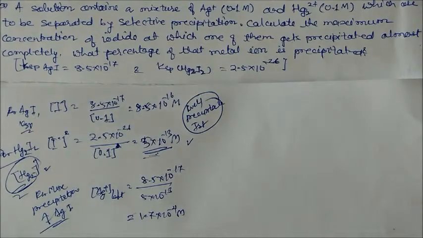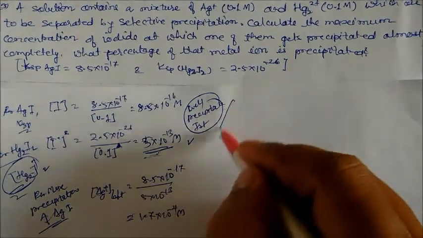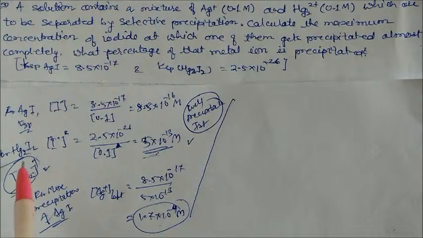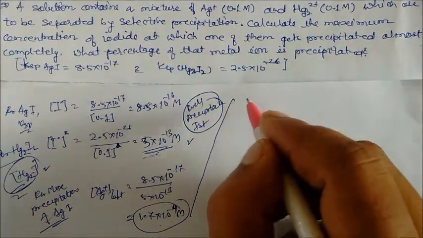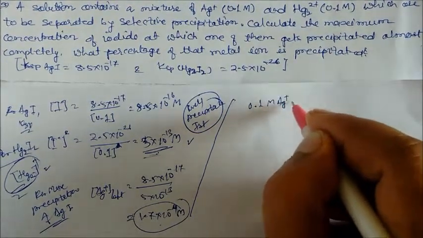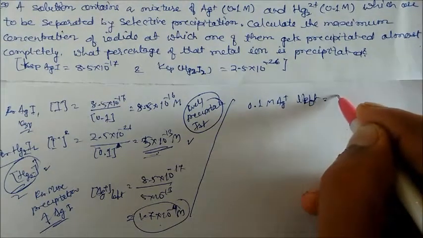So this much silver is soluble in the solution, the maximum. After this, mercury iodide will precipitate. Now, compared with 0.1 molarity of silver, how much is left in the solution?